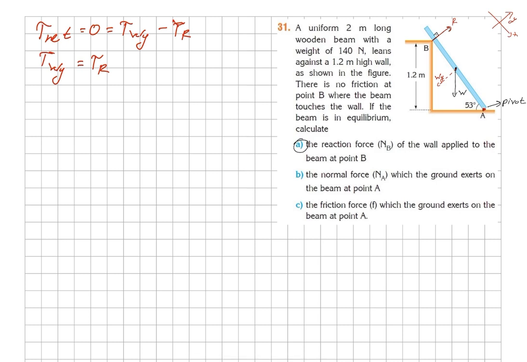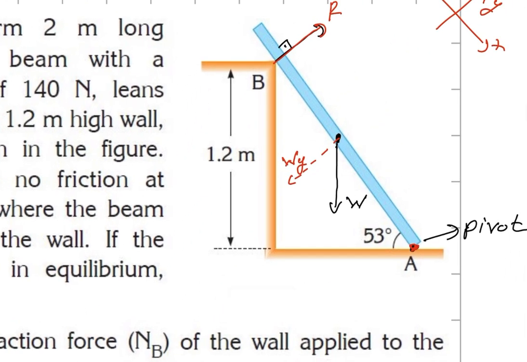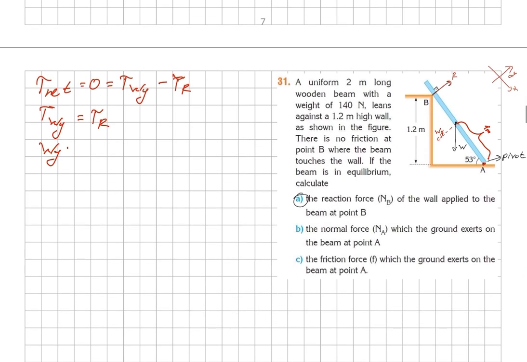Let's open them. The torque of the weight by y will be equal to weight by y times the distance from the pivot, which, if it is exactly in the middle, will be equal to 1 meter. So let's write it as 1 meter here.